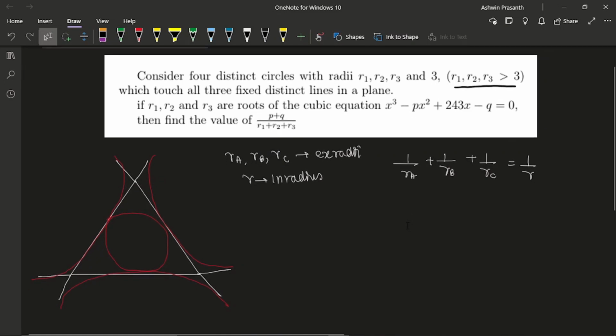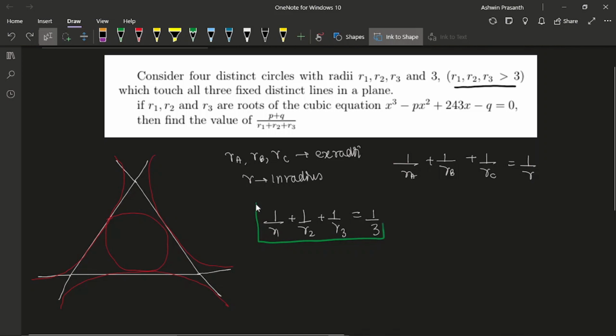It will be useful in questions that involve exradii. So now we can use that relation here. With that we can say 1 by r1 plus 1 by r2 plus 1 by r3, these are the exradii, and the inradius is 3, so this will be equal to 1 by 3. So we got this relation.